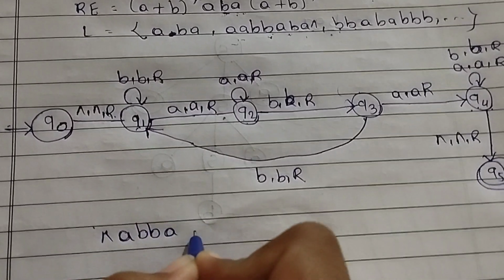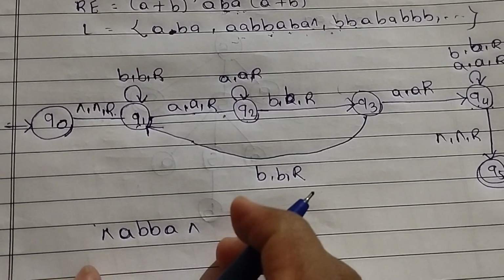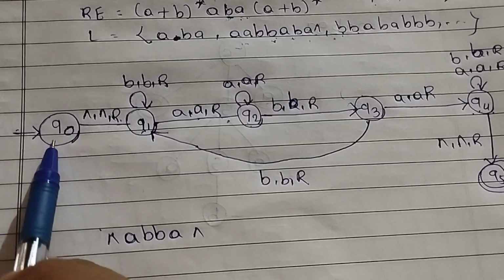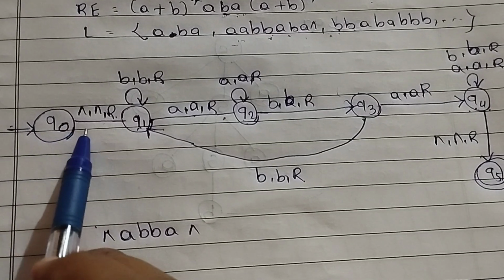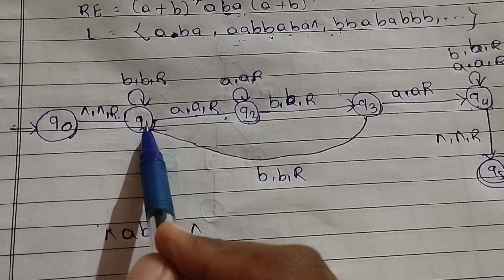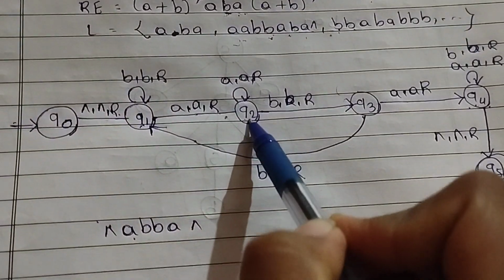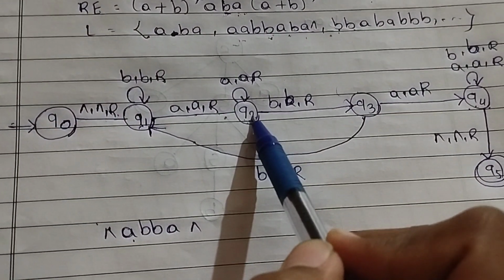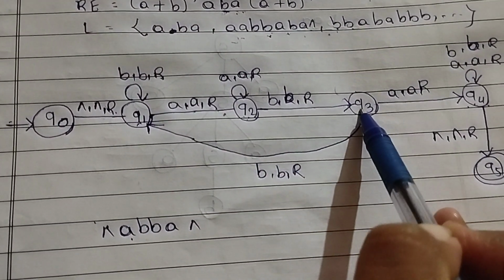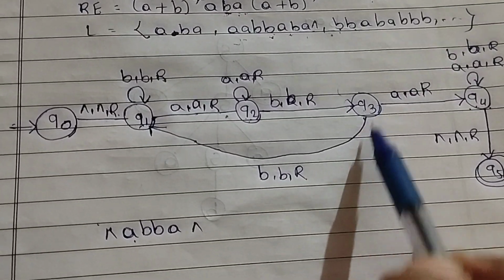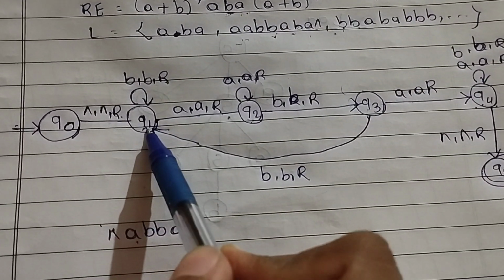So here null is present, after that also null is present. So we start from the initial state. We read null, we reach Q1. Then we read A, so we go to the Q2 state. Then we read B, we go to the Q3 state. Again we read B, we go to the Q1 state.